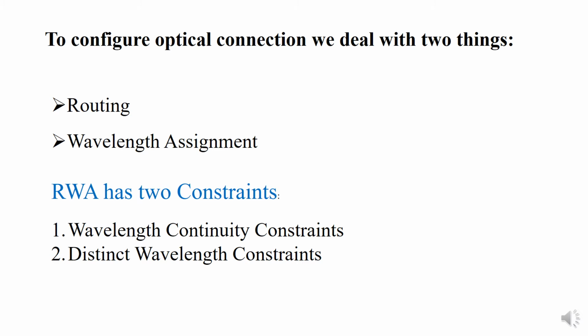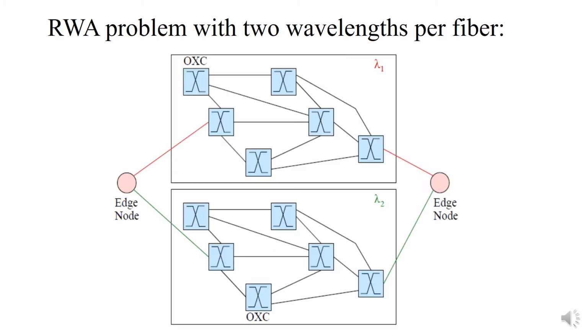First is the wavelength continuity constraint. This means that a light path must use the same wavelength on all the links along its path from source to destination. Second, the distinct wavelength constraint. That is, all light paths using the same link, that is fiber, must be allocated distinct wavelengths.